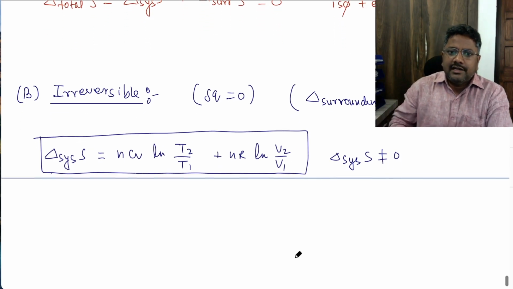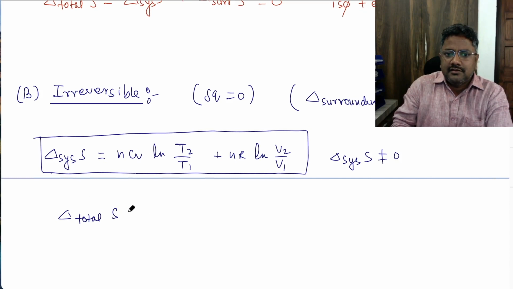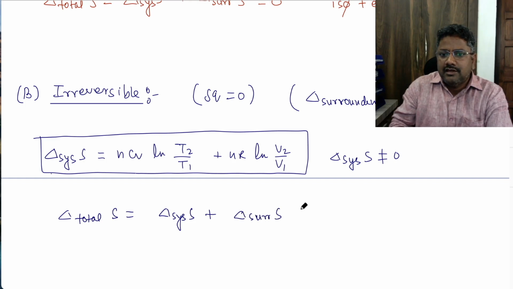So delta S total here is equal to delta S system plus delta S surrounding, and this is non-zero, that is greater than 0, right?